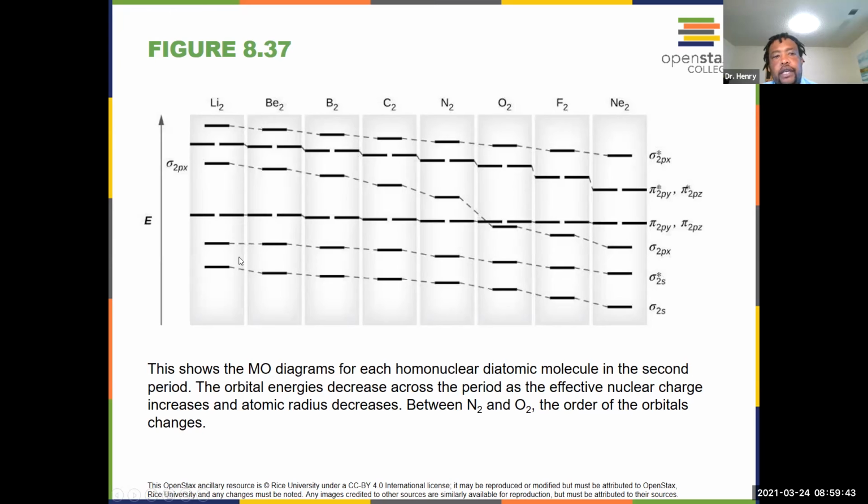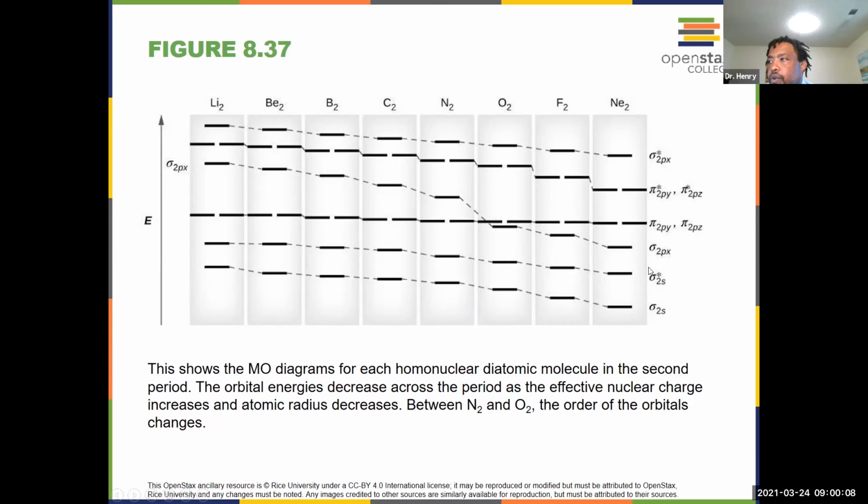Okay, so here's the energy levels, right? We can see for the different diatomics, this is showing you the energy level for each of the diatomics, and this tells you what they are. These are the anti-bonding pi orbitals, and this is your anti-bonding sigma.